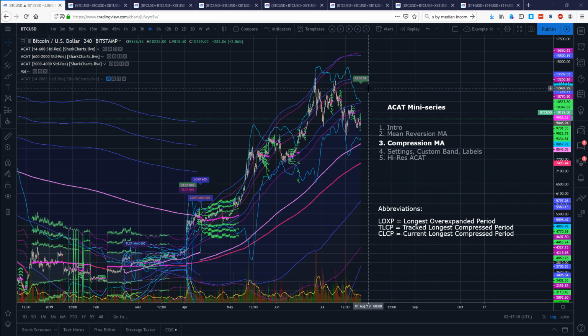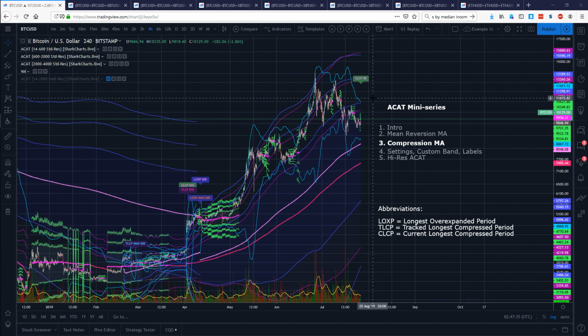This set of bands is less intuitive as to what we're tracking and why, as just measuring the longest overextended period with mean reversion moving average. And in practice, there's a lot less reason I've found to want to slice and dice it compared to tracking the longest overextended period.